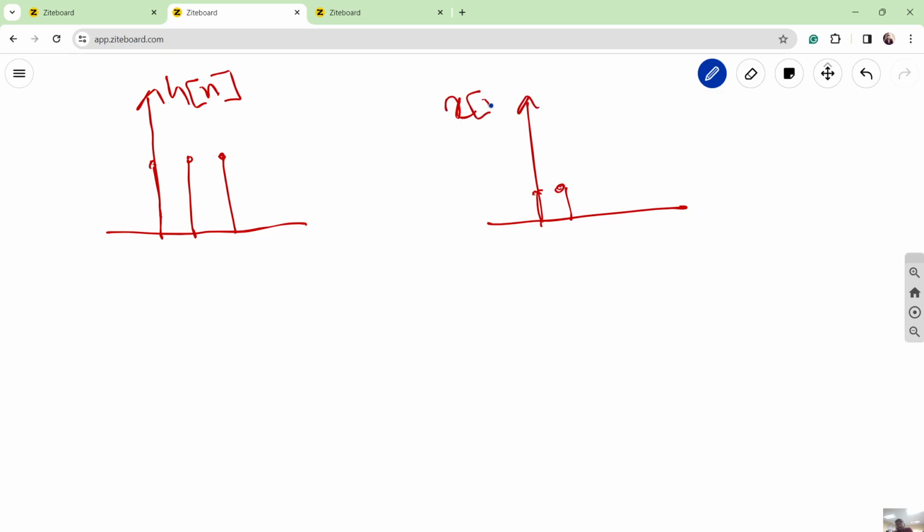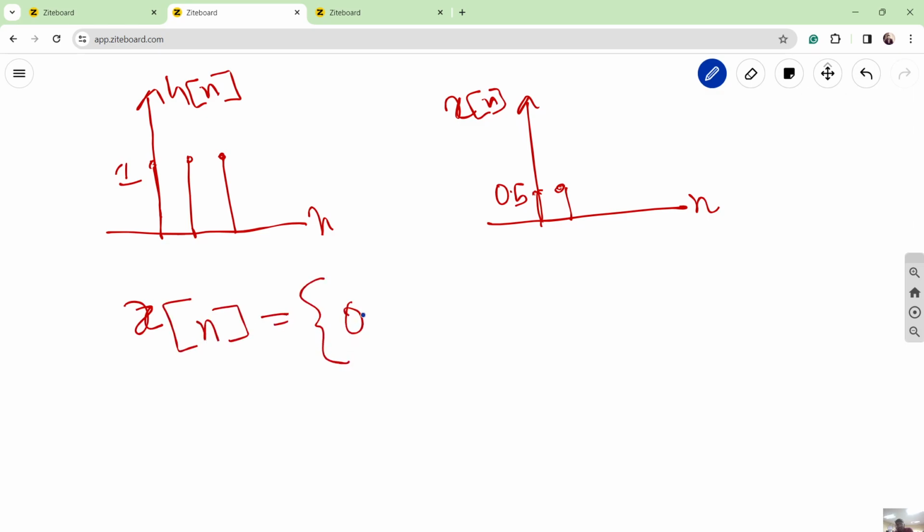This is x of n. 1. This is 0.5. So x of n equal to 0.5, comma 0.5, that is n equal to 0 and n equal to 1.